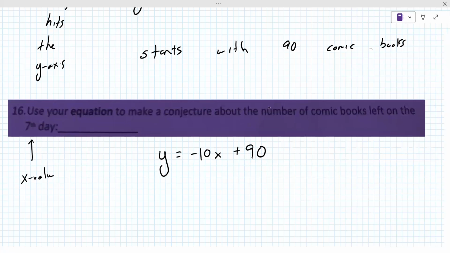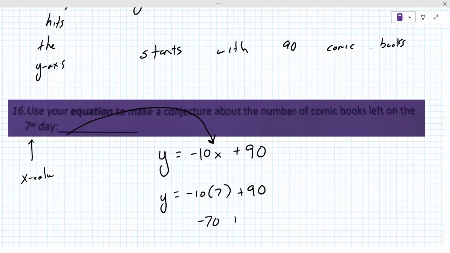So when they give you an x value, you put that x value in for x. Y equals negative 10 times 7 plus 90. You multiply before you add. So this is negative 70 plus 90. What does that become? Positive 20. Yes, so 20 comic books.